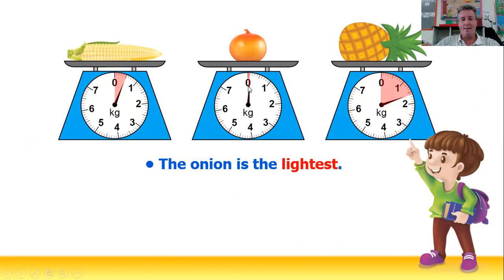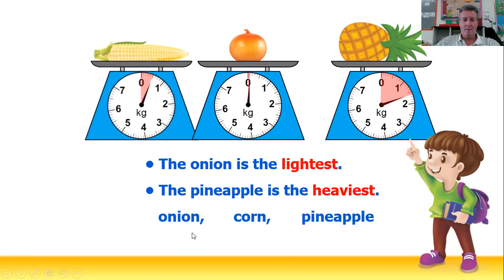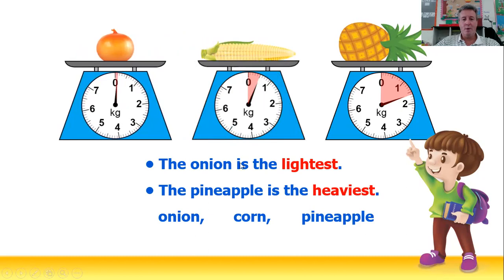The onion is the lightest, and the pineapple is the heaviest. Let's swap them around. So we've got onion, corn, pineapple, lightest to heaviest. And we can say the corn is lighter than the pineapple, and the corn is heavier than the onion.